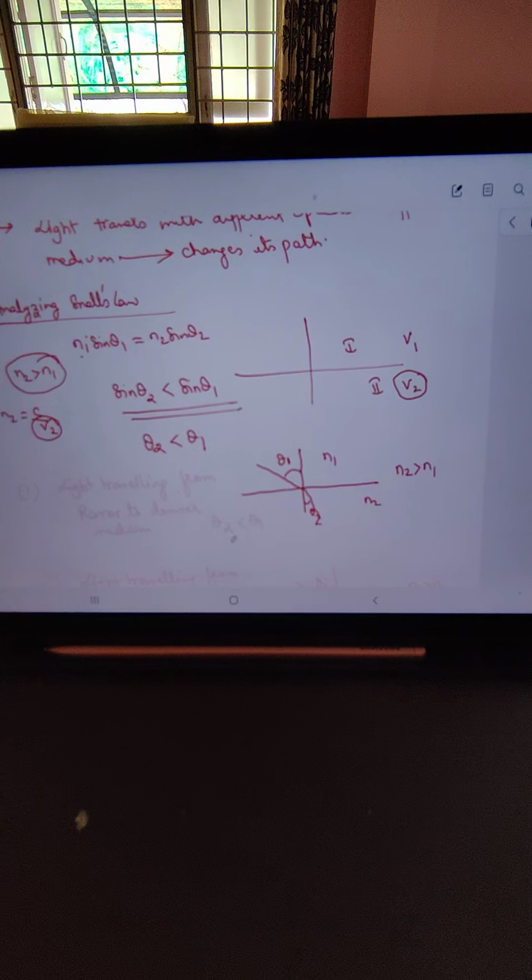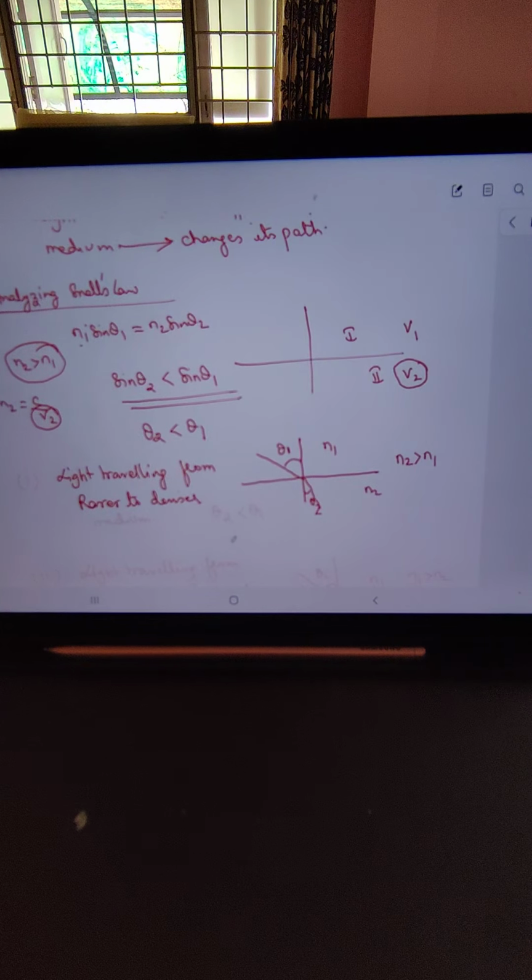And the opposite is the case when it travels from denser to rarer medium. So this is light traveling from rarer to denser medium. This is case one.